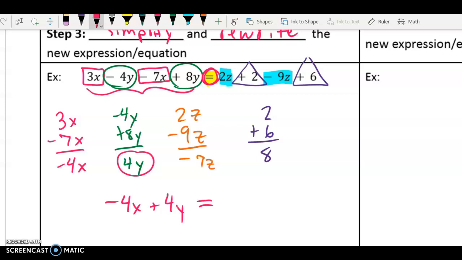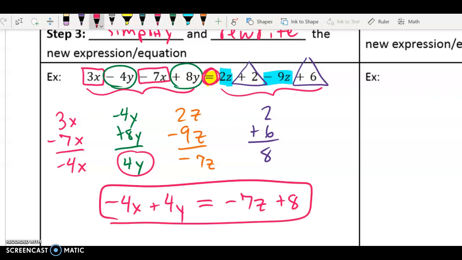They are not alike. On the right side, we have z's. So negative 7z is what we got when we combined it, and a positive 8, so plus 8. This is its most simplified because we have one of each variable. So that is combining like terms. You can do this for expressions or equations.